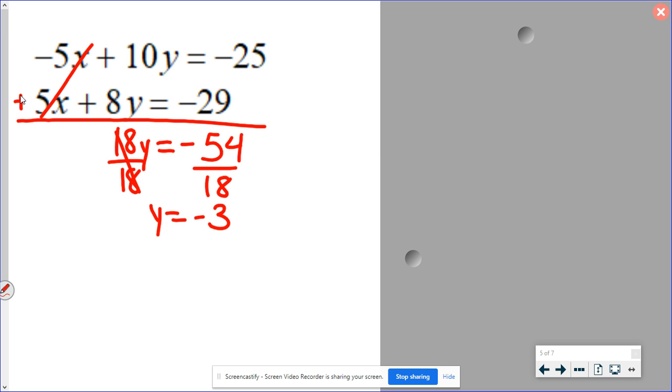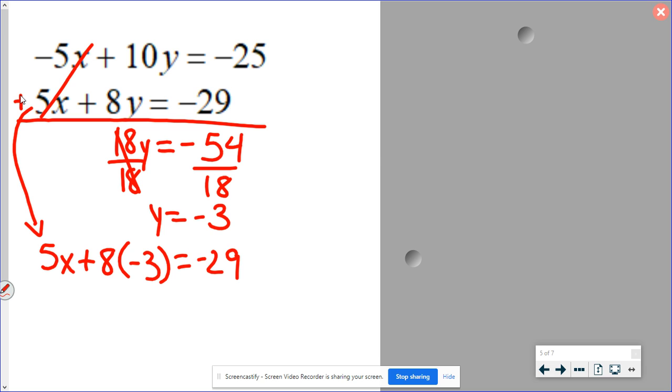I have to find the x. I'm going to go back into either one of those top equations. It doesn't really matter. I'm going to use the second equation. You'd say 5x plus 8 times a negative 3 equals negative 29. So I would add 24.